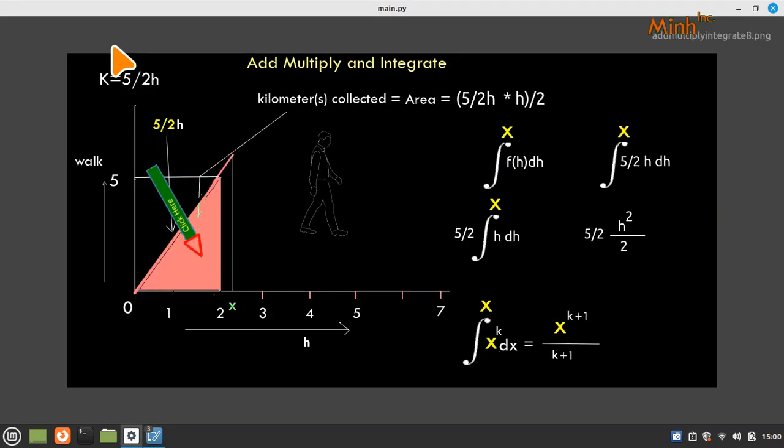In 2 hours he travels this area, then in x hours the full area he has travelled. Now we have to find it.